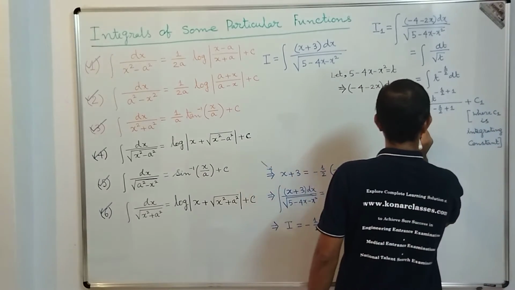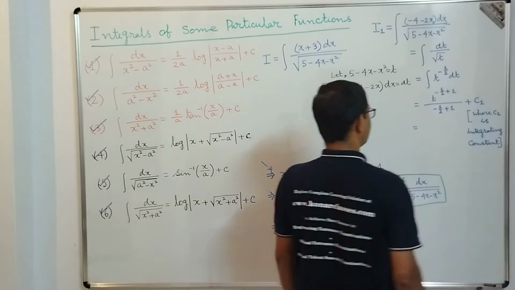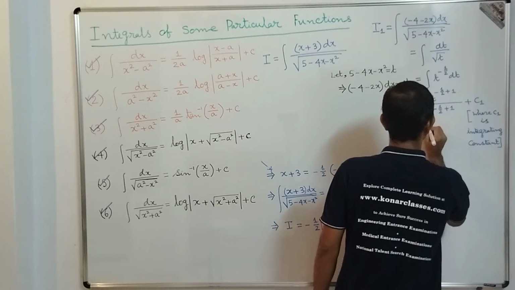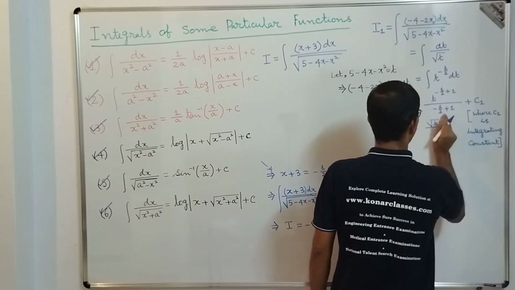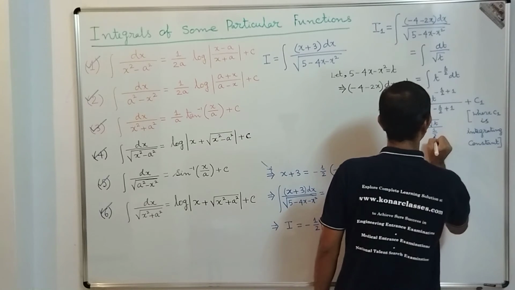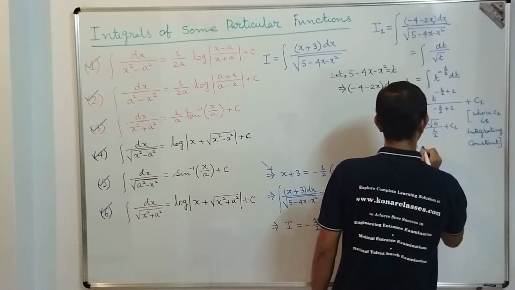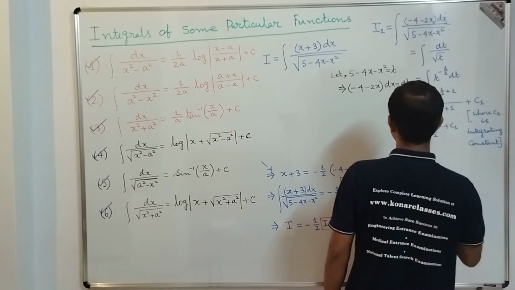So that is equal to what? Minus 1 by 2 plus 1 is 1 by 2, so square root of t divided by 1 by 2, plus C1. So 1 by 1 by 2 means 2 into square root of t.